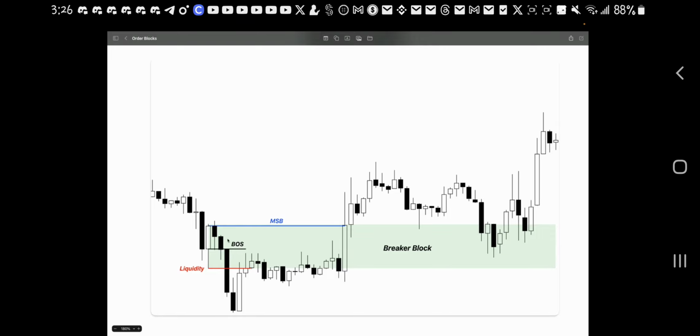Why is that? Just like I said at the start, there were many people who would have sold within this block. It then broke down, so they were on the right side. We then revisited here on all these candles, and more people would have sold and sold and sold because the principle is, this is a valid bearish order block, I should sell, price is going to go lower. Price doesn't go lower. Guess what?